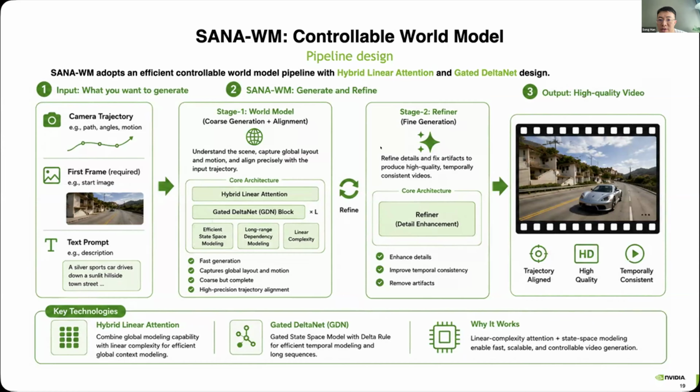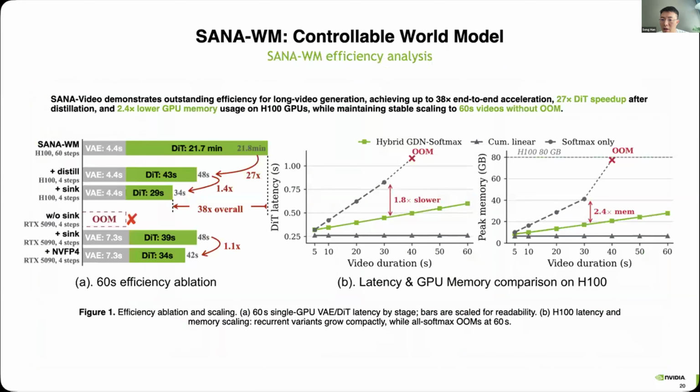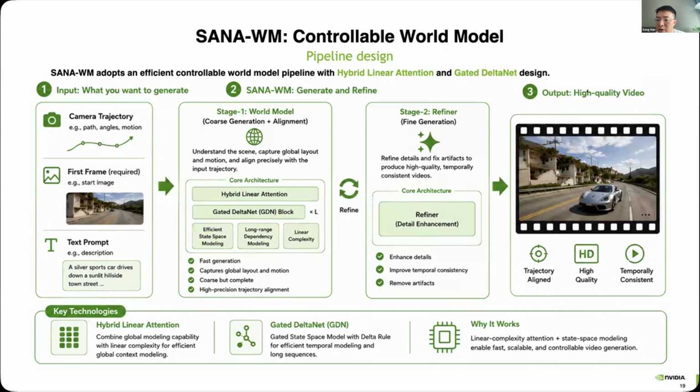So we find this two-stage generation pipeline is better than one stage. It's faster and more efficient. And finally, it will output the high quality video that is trajectory aligned and also temporally consistent.